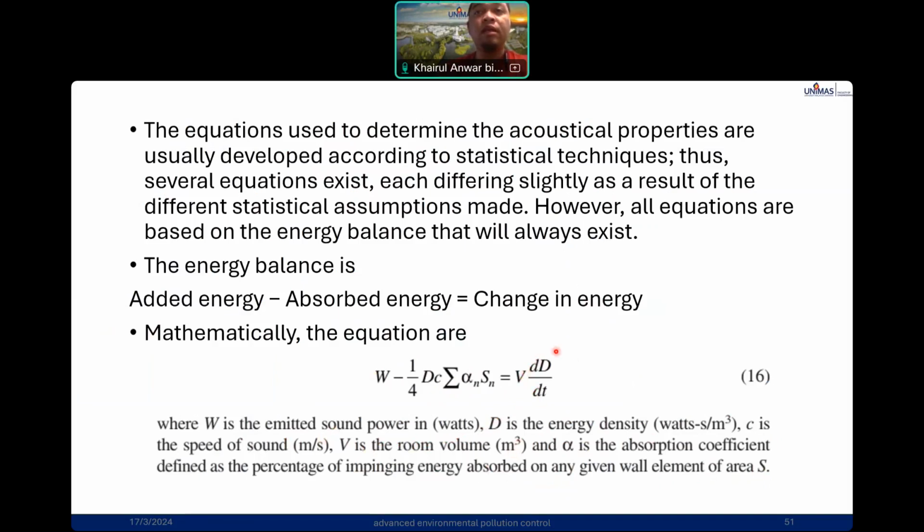We have dd over dt, so the change of energy density over time.